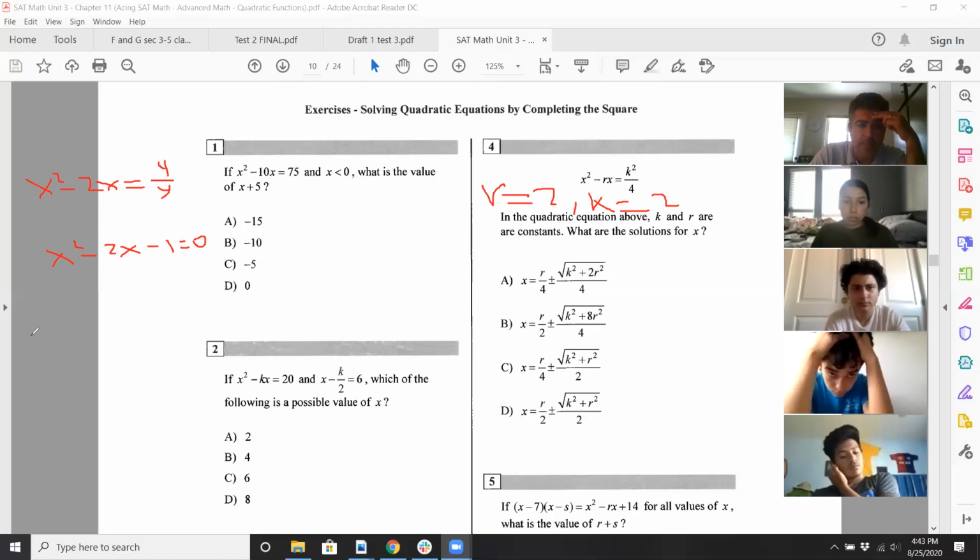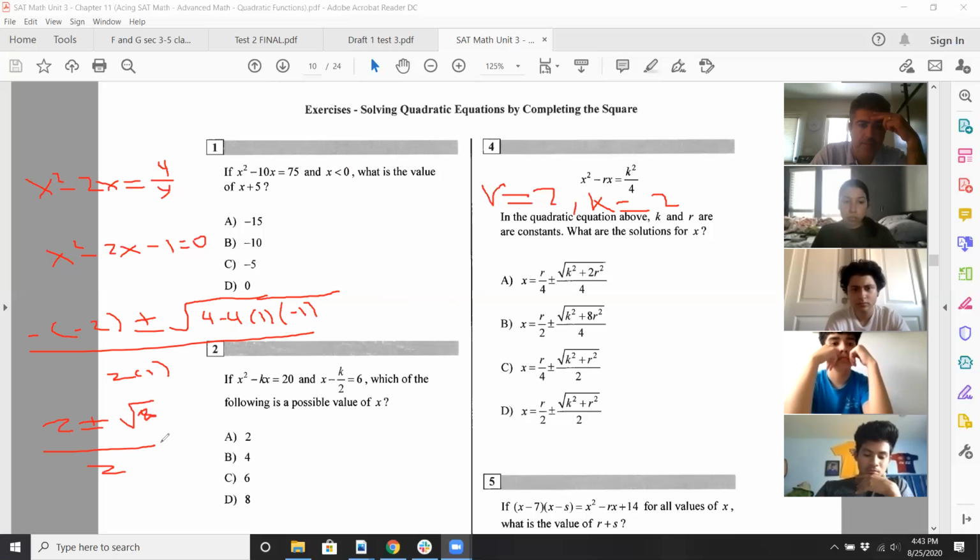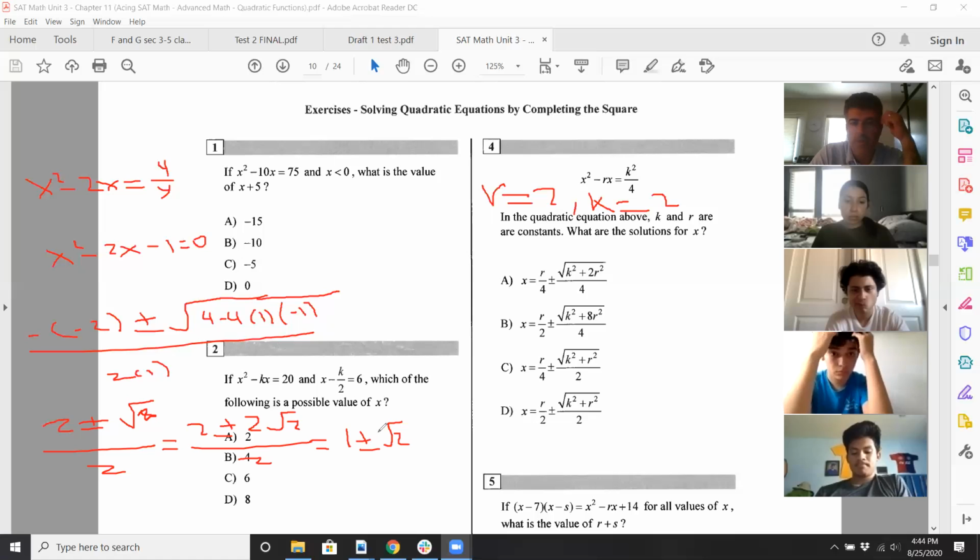But if I do the quadratic formula, negative of negative 2 plus or minus the square root of b squared minus 4ac, so you have 1 plus or minus root 2.